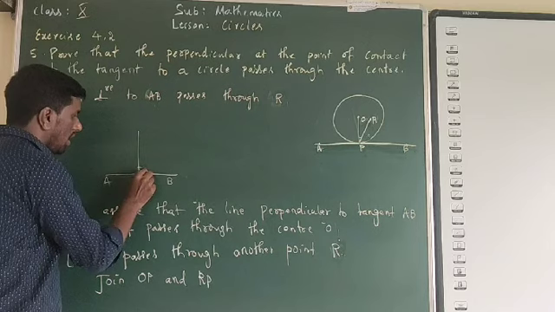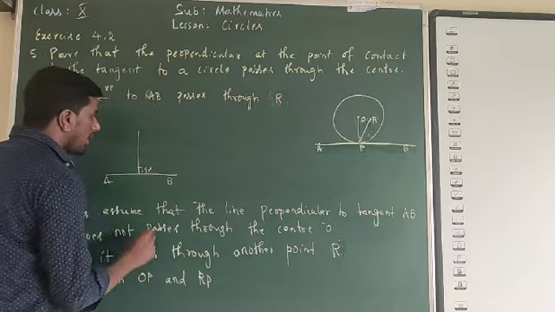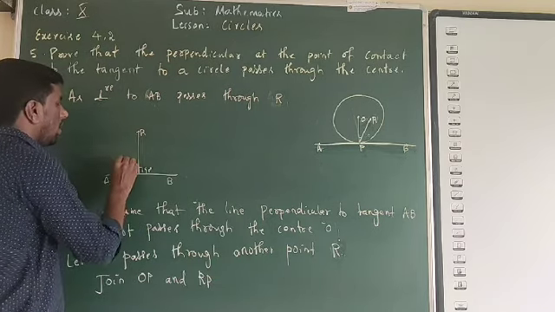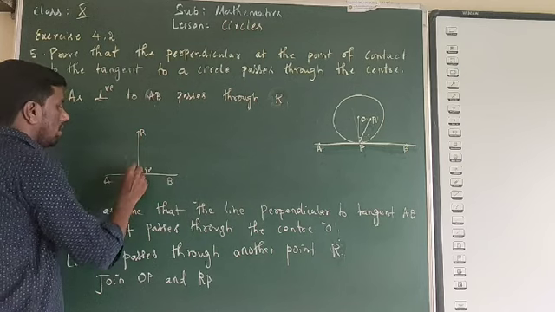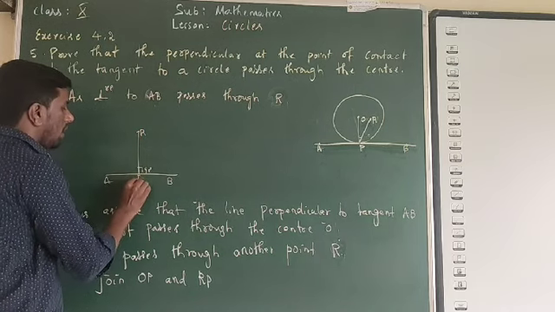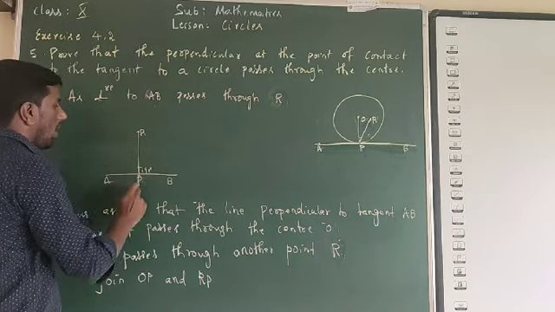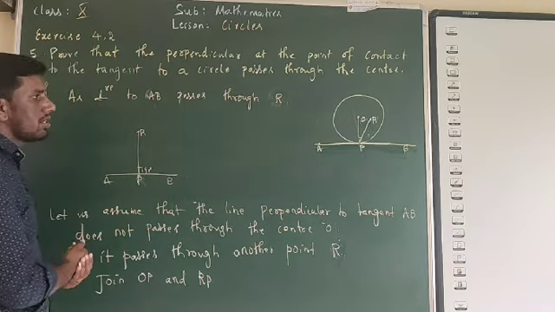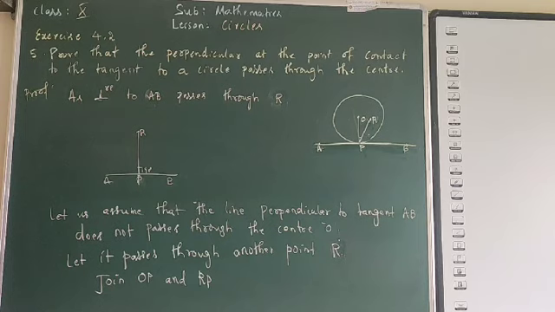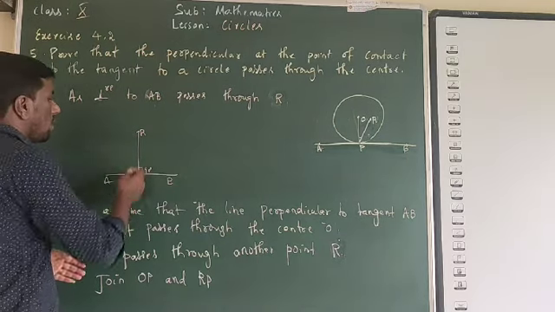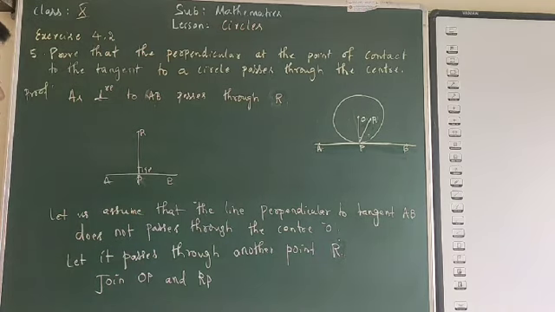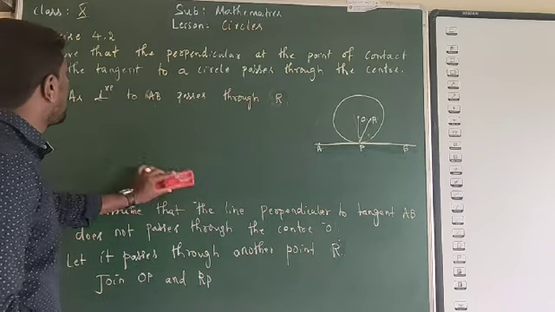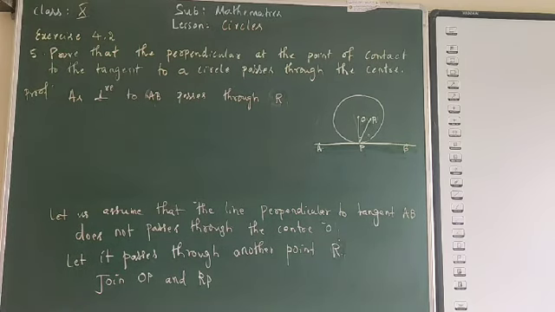Perpendicular means it is 90 degrees. And we have assumed that this passes through point R. That means, what is the angle between RP and PB? It is 90 degrees because it passes through R. We'll write that: as the perpendicular to AB passes through R.